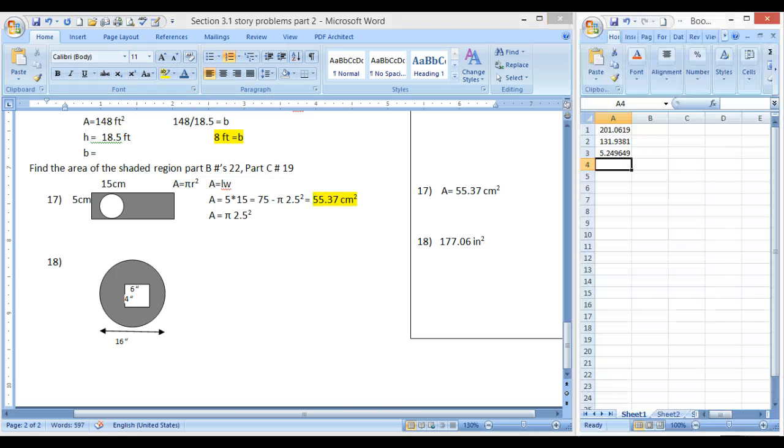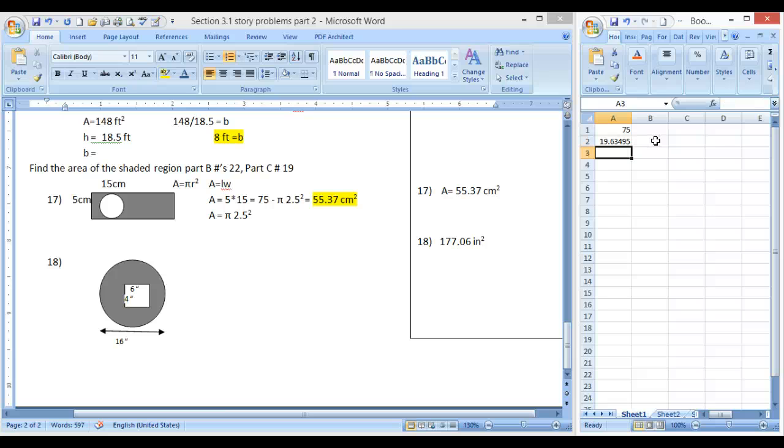To do this with Excel, you can do the exact same thing, but using Excel. Here I would do equals 5 times 15. Then the area of the circle was pi r squared. So I'd do equals to calculate pi, open and close your parentheses, times 2.5, shift 6 to raise it to the power of 2.